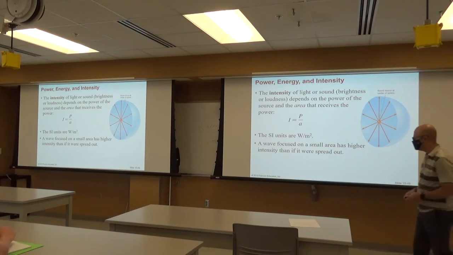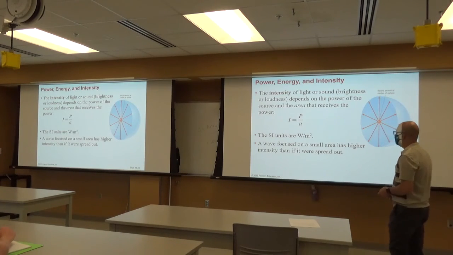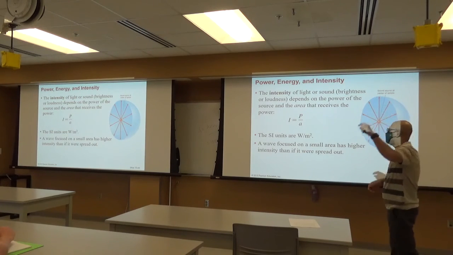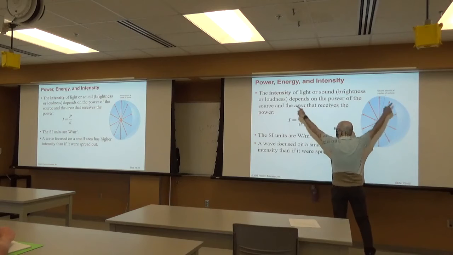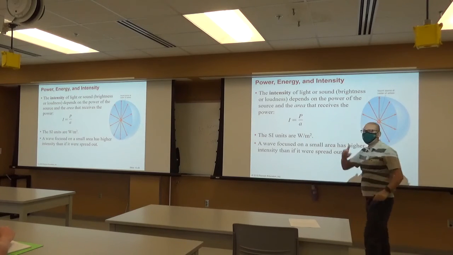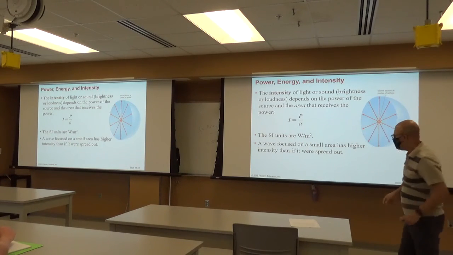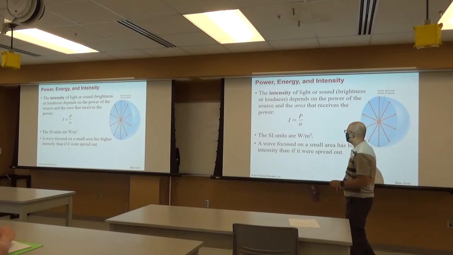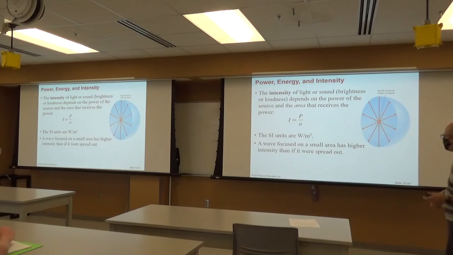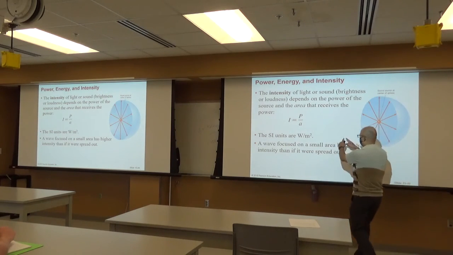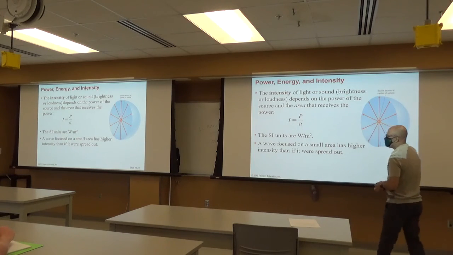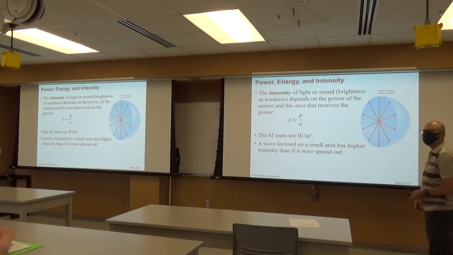Okay, so for example, let's say at this point I'm focusing that light in this much area. Now if I somehow change the focus and then I focus that light in a smaller area. So which one would be more intense?